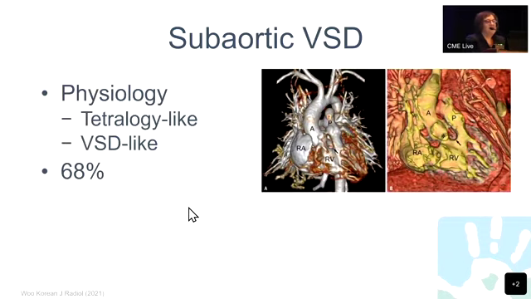The physiology for subaortic VSDs is generally either tetralogy-like or VSD-like, depending on the presence or absence of associated pulmonic stenosis. 68% of double outlet right ventricles have a subaortic VSD.